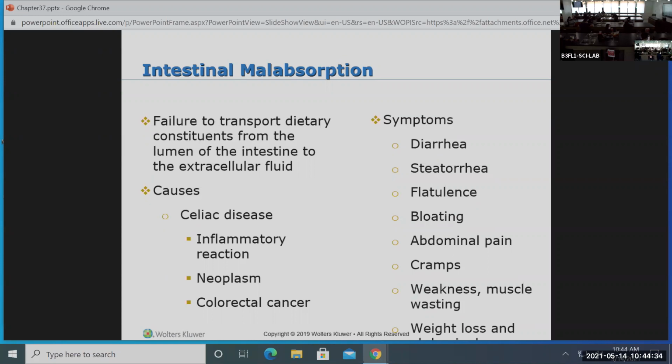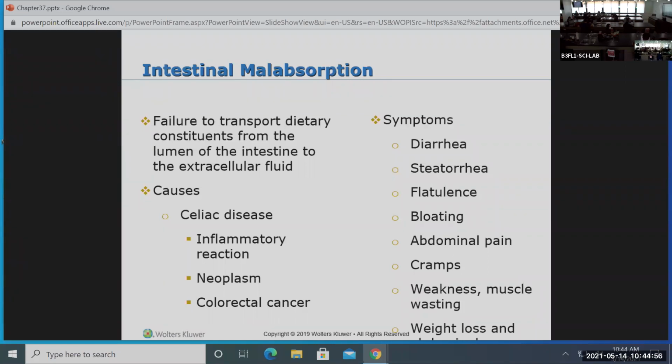These patients with malabsorption, they present with a bulk of stool in the toilet, and it has a foul smell.